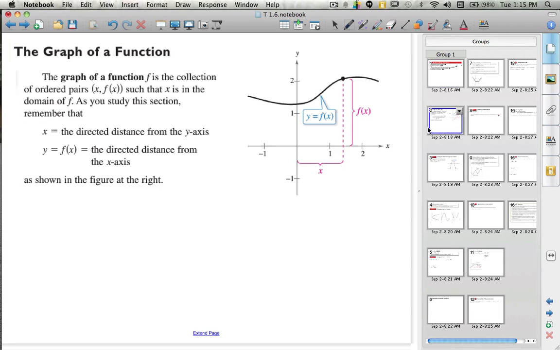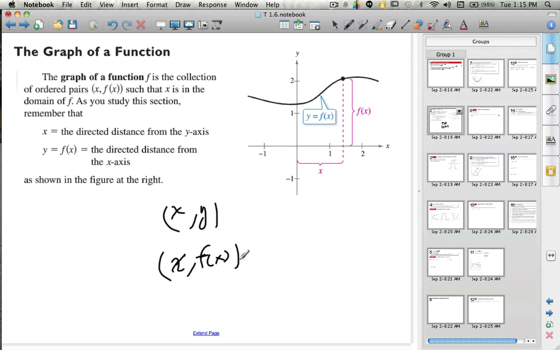So looking through and talking about the graphs of functions. So this is a function, right? And we're taking a look at this, and when the function is composed of a bunch of ordered pairs, which normally we would call x and y coordinates, but you could also think of them as x and the functions of x, right?